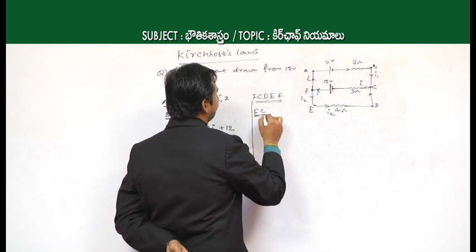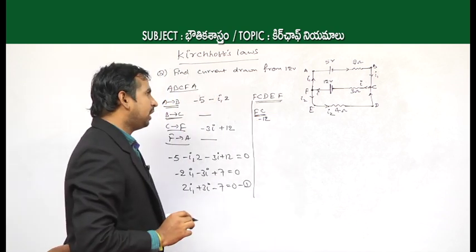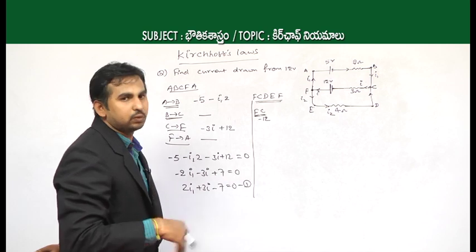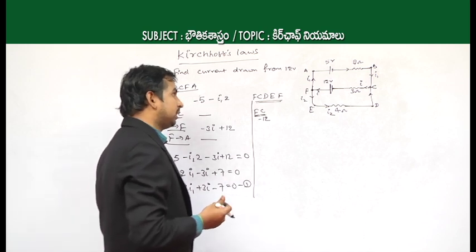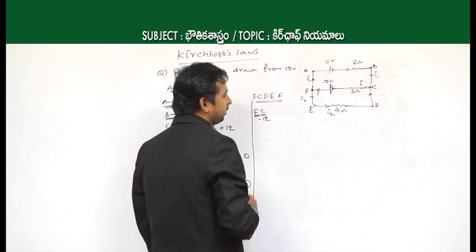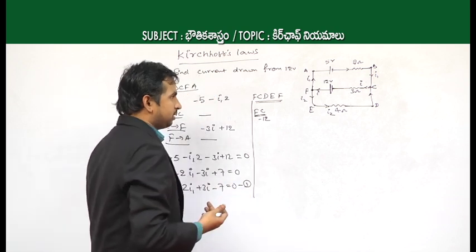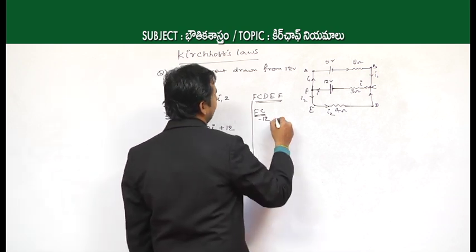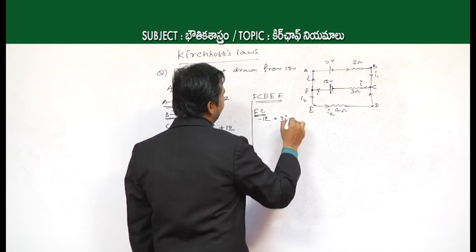And when you come across the resistance here, as we are going against the direction of current, the resistance value is taken as positive. So in this case we have plus 3I.